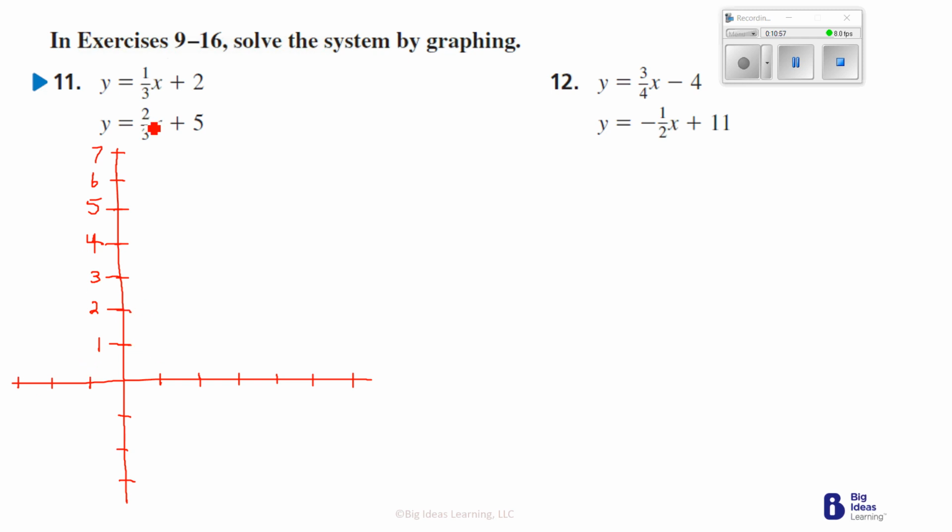I might not even be in the right ballpark. But the first one says I start at 2, and I go up 1 and over 3. All right? So that means I'm going to go up 1 and over 1, 2, 3. Okay? So I'm starting at 2, and I'm going this way. Wow, okay. That tells me a lot right there. Which means I'm going to go down 1 and over 3. That's going to put me somewhere over here.